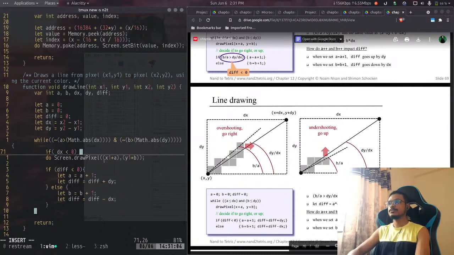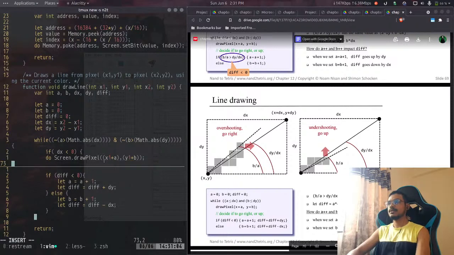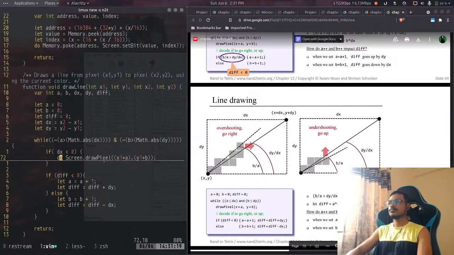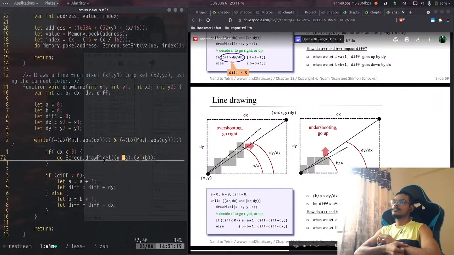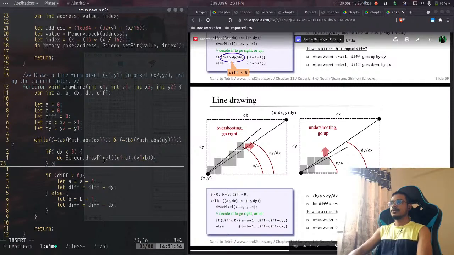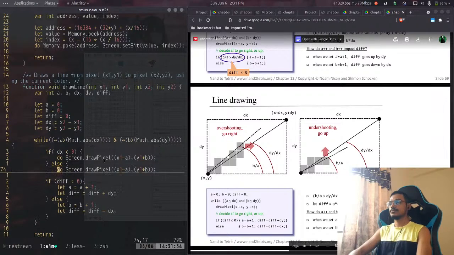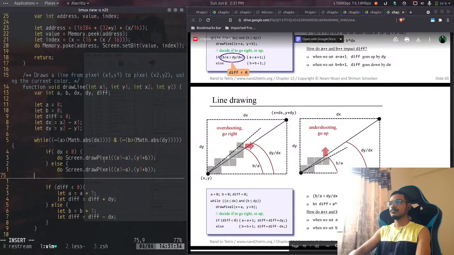That means if it is negative, in this case, instead of adding a, subtract a. Else, subtract b.